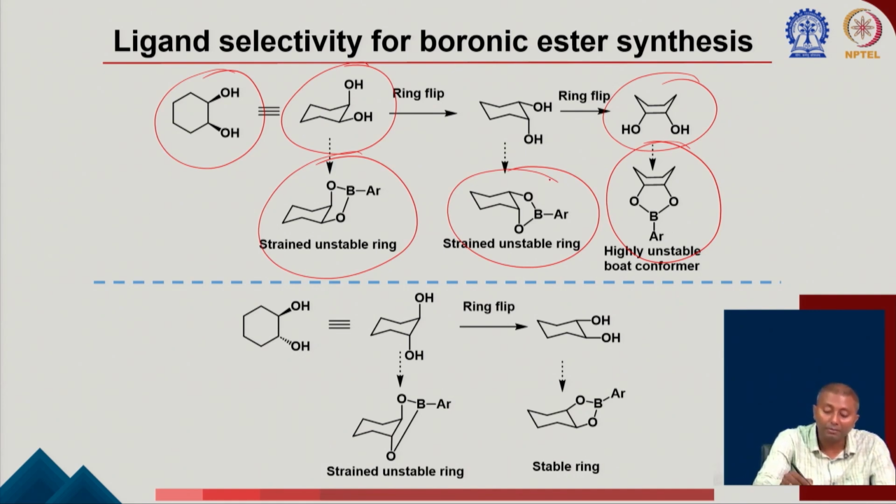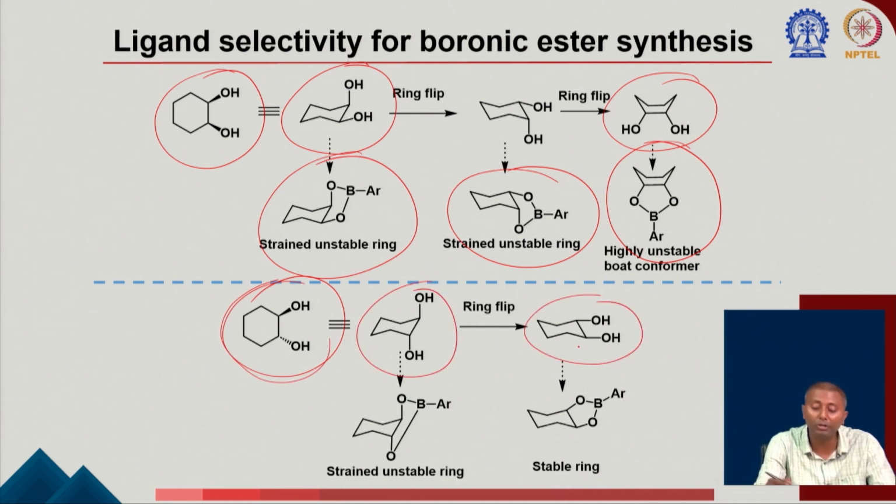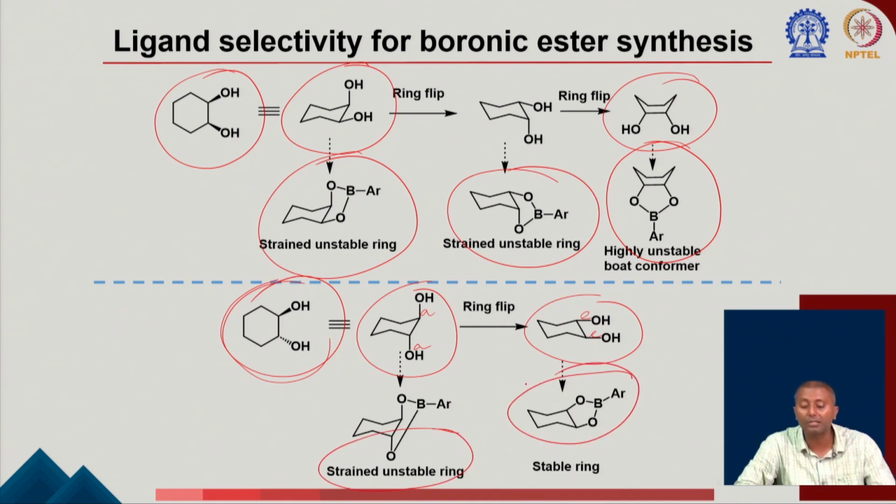But once they are trans, they could be both axial or both equatorial. Once they are both axial, this will be a strained, unstable ring, but once they are both equatorial, they can form a very stable boronic ester.